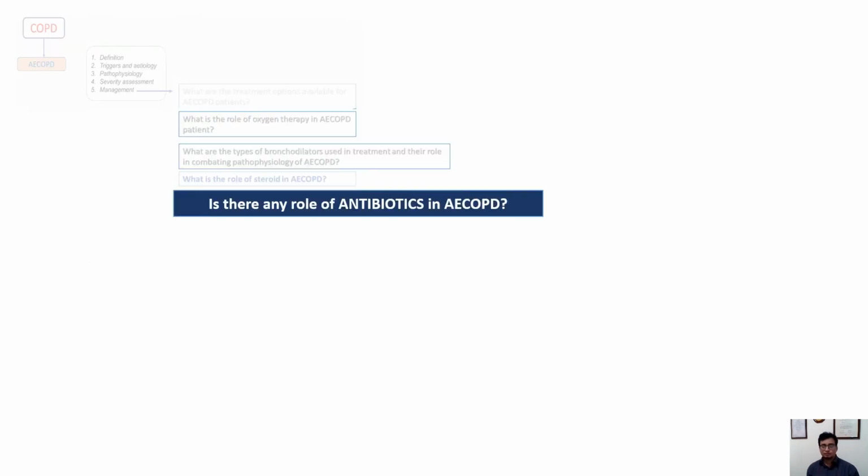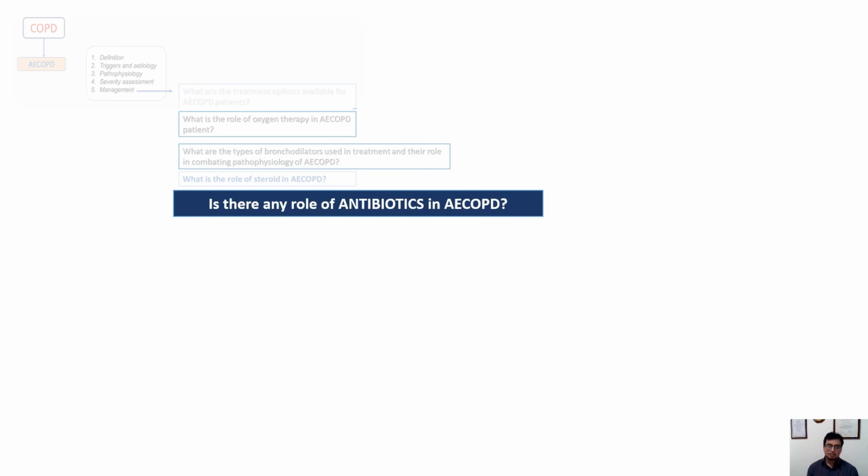Most of the exacerbations in COPD are due to infections, and the pathophysiology behind exacerbation is usually, as we know, infections due to Haemophilus influenzae, which is the most common bacteria implicated, followed by Streptococcus pneumoniae and Moraxella catarrhalis.